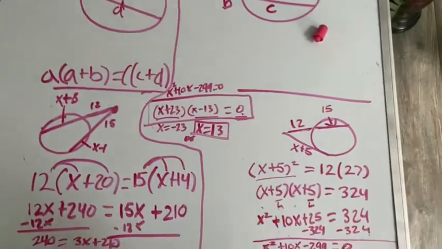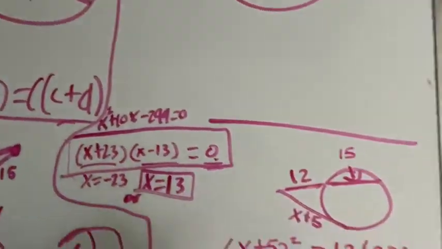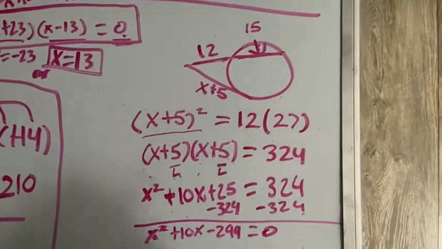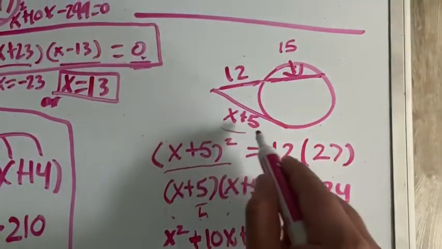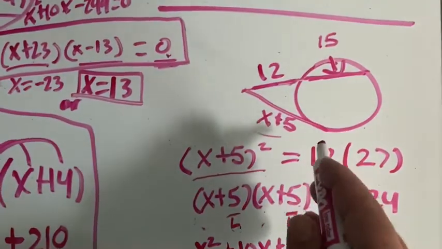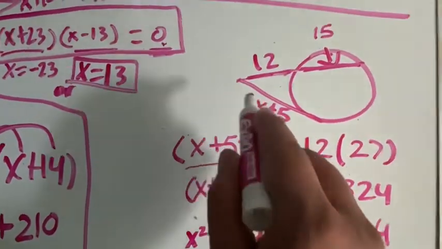Now we go here and we look at what I did first on this third example, okay? I squared this value, the tangent value. I don't want to call it the tangent value, but the length of my tangent line. I squared that.